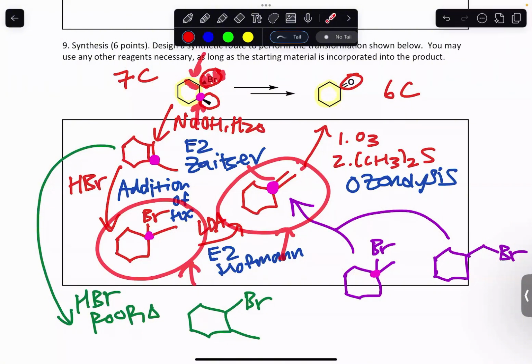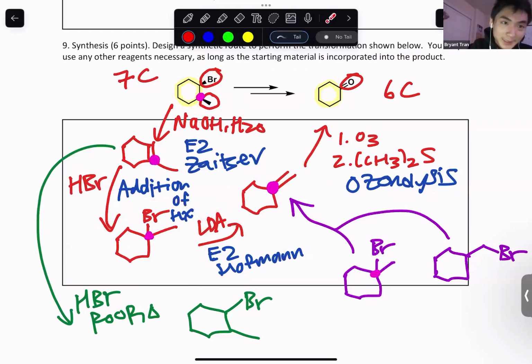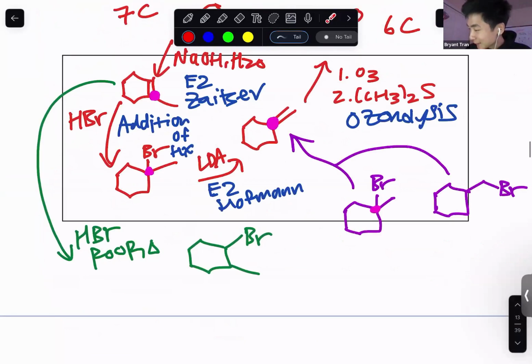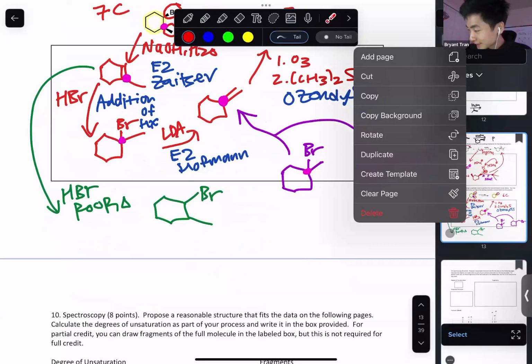Okay, that makes more sense. Thank you. Yeah. Let me give you a similar synthesis problem for you guys to try out. And then we'll move on to the next 3 questions that you have. I'll create a similar one for you guys here.